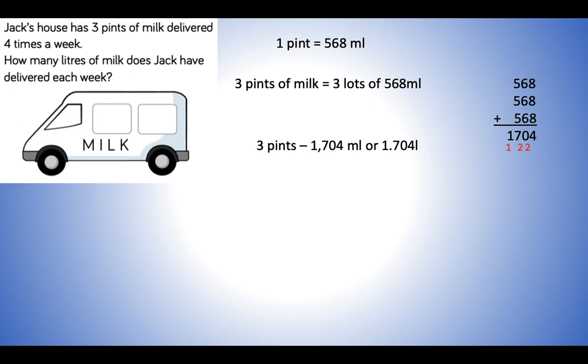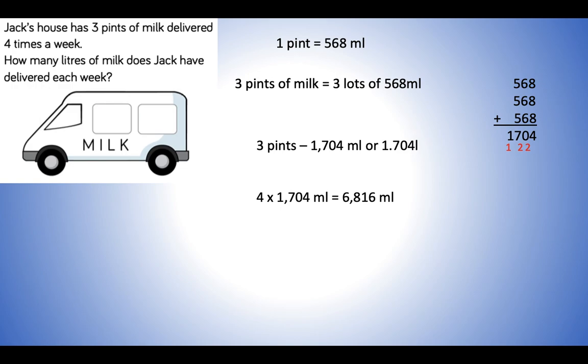Now, it says, how many litres of milk does Jack have each week? Now, he has 3 pints delivered 4 times a week. So, we need to multiply 1,704 millilitres by 4.